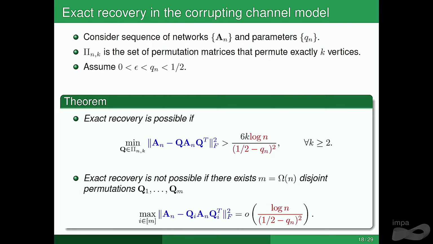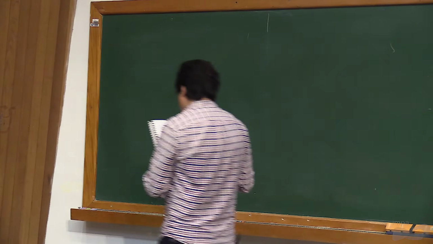I'm going to show you later how to connect this to the correlated ER model. But in principle, we can just look at A and see how this affects the feasibility of matching the vertices. Okay, so basically this is the idea for the proof.